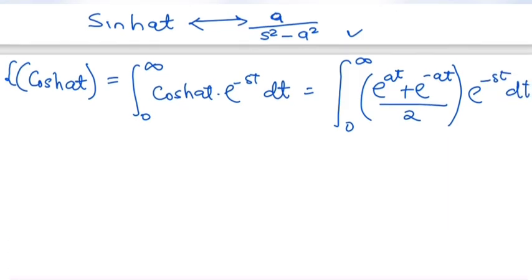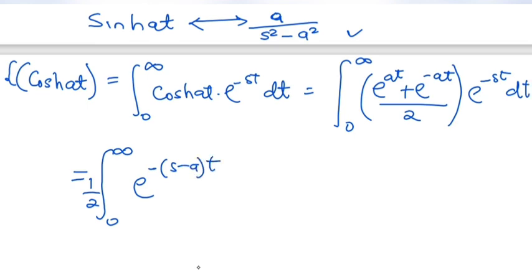And if you open up this expression and distribute the exponents, you can bring out 1 over 2 here as usual, and you're going to have e to the power of negative (s minus a) t plus e to the power of negative (s plus a) t dt.